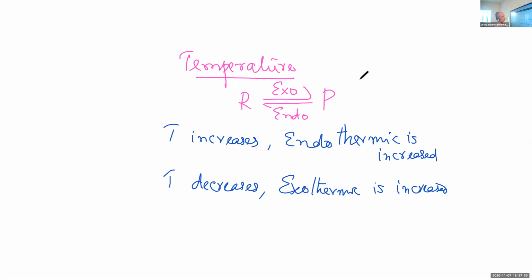The reaction mixture is to be cooled. Then endothermic, heat is to be absorbed. So it needs more heat, so to get more heat, the system is to be heated.